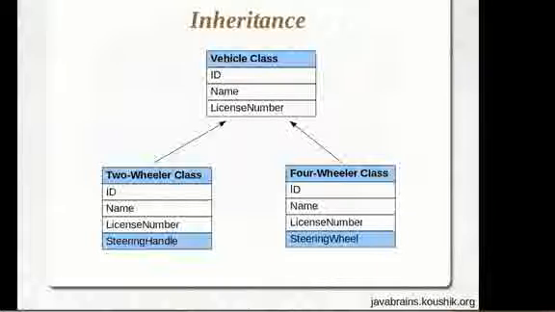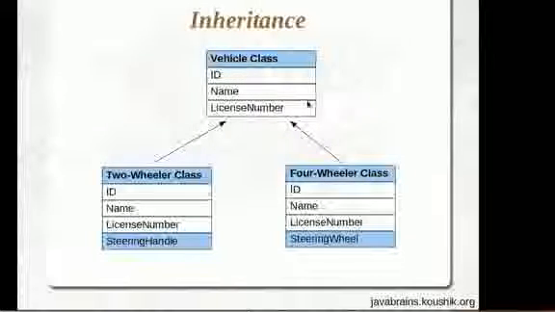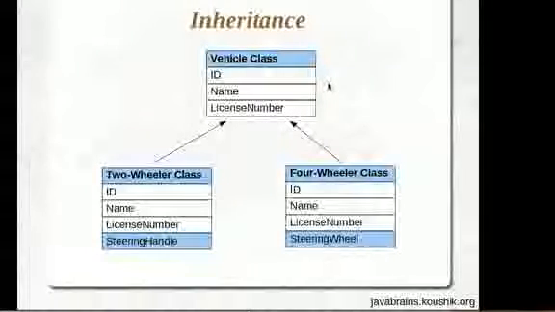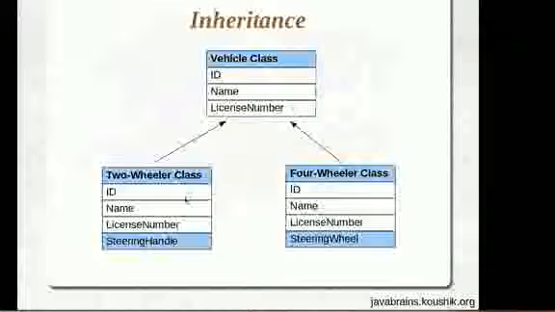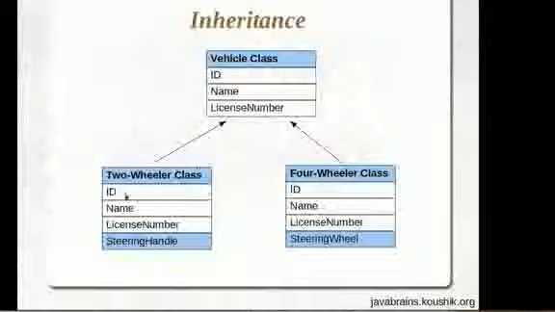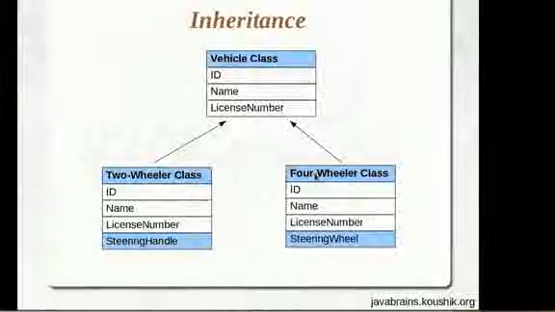To understand the need for mapping inheritance, let's take this example. I have an abstract vehicle class, and this class has ID, name, and the license number of the vehicle. We are saving this information in the vehicle class. Now I have two classes that extend this vehicle class. I have a two-wheeler class and a four-wheeler class.